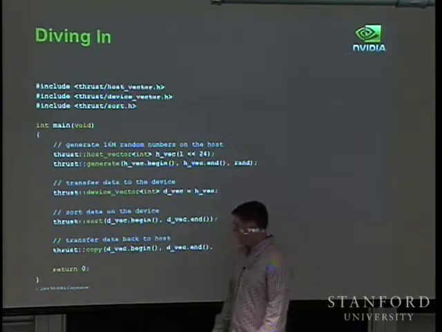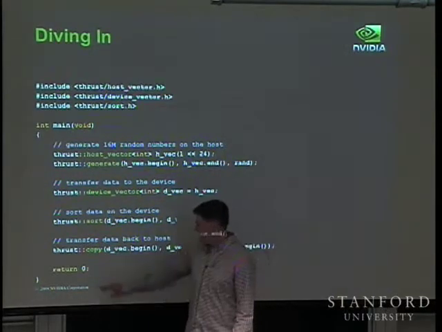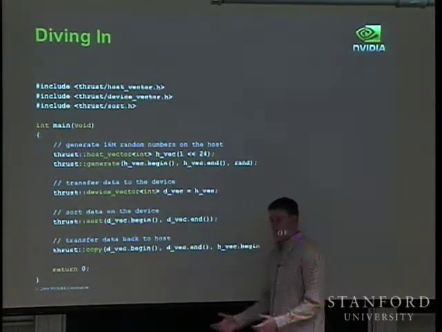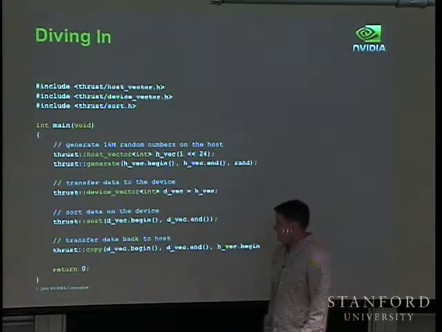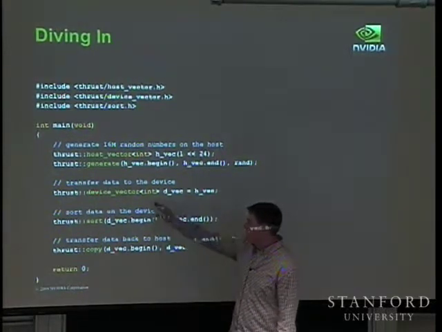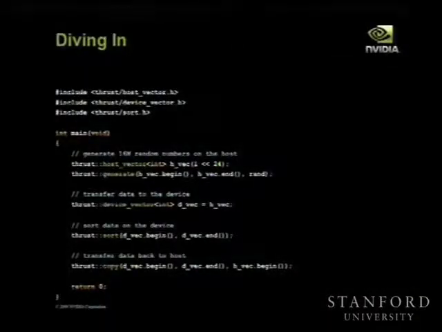So if you're not familiar with C++, things like thrust:: that's just a namespace. So this is the way we refer to things in Thrust. And the things in green are Thrust algorithms, like sort and copy, or generate, or Thrust containers, so device vector or host vector. So that's why we've highlighted them that way.